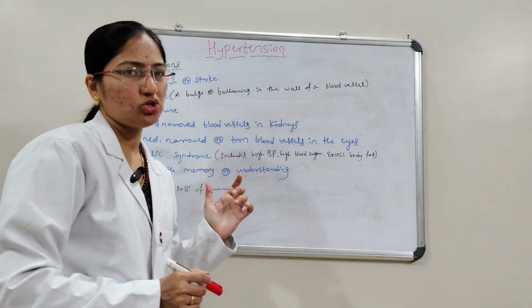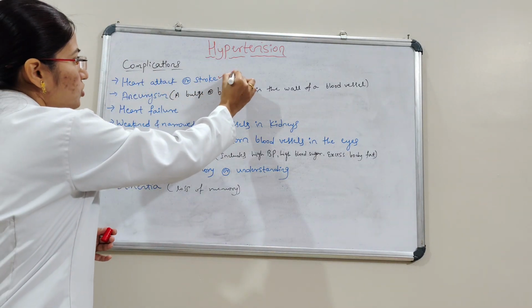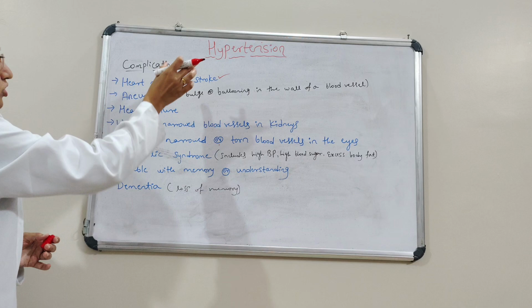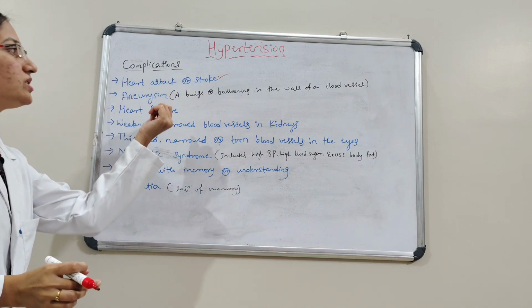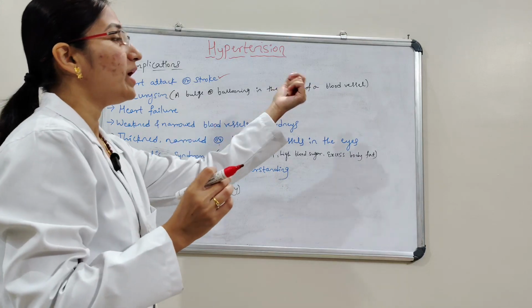Next we'll see the complications of hypertension. Here first and foremost there is heart attack or stroke. And then aneurysm. Aneurysm is nothing but a bulge or ballooning in the wall of a blood vessel.